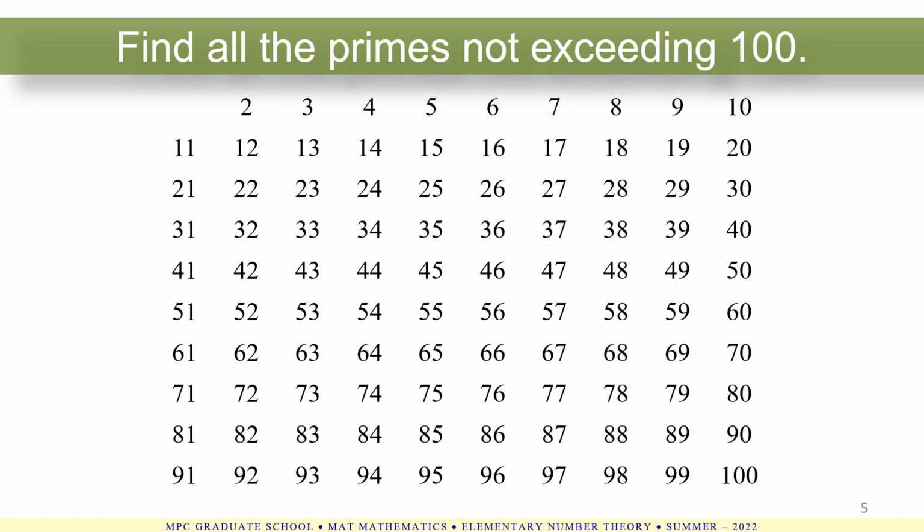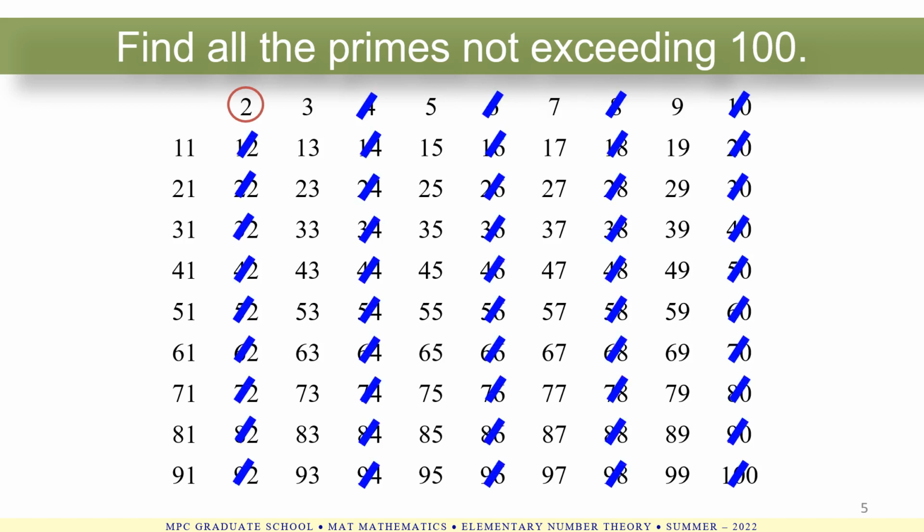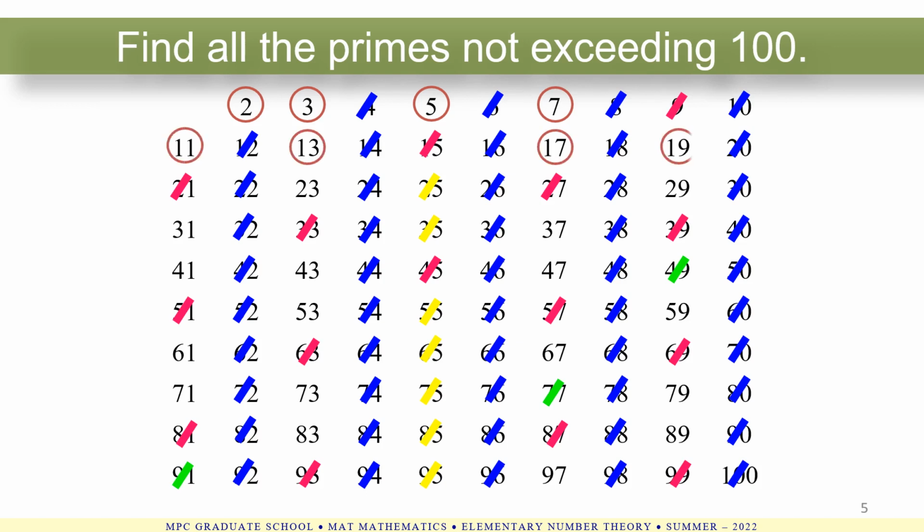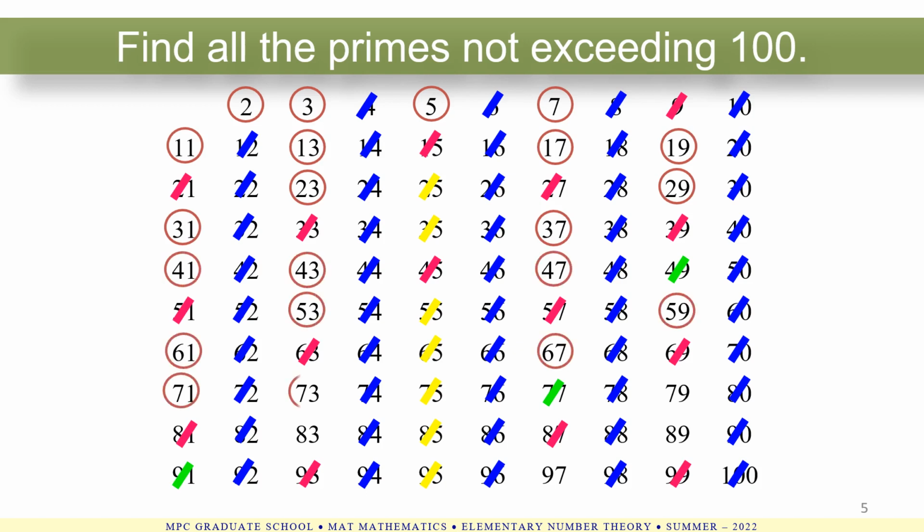So that will be the even integers, the multiples of 3, the multiples of 5, and the numbers divisible by 7. And then we will be left with 25 prime numbers not exceeding 100.